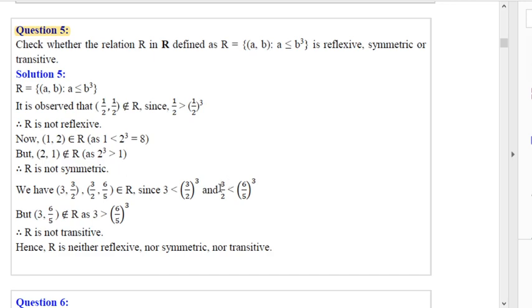But you see, when we eliminate this 3 by 2, then what is left? 3 comma 6 by 5. But when you find according to this condition, 6 by 5 cube, you will get this is less than 3. But according to this condition, the A element must be less than the B element. But you see here, the A element is greater than the B element. So R is not transitive. Hence R is neither reflexive, nor symmetric, nor transitive.